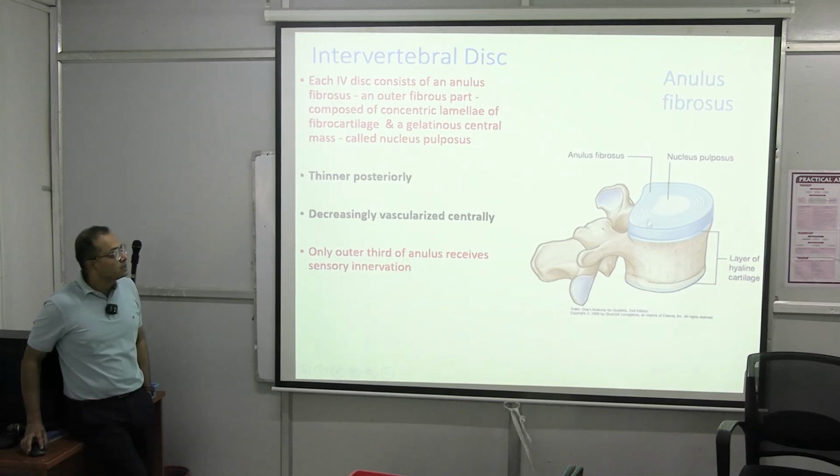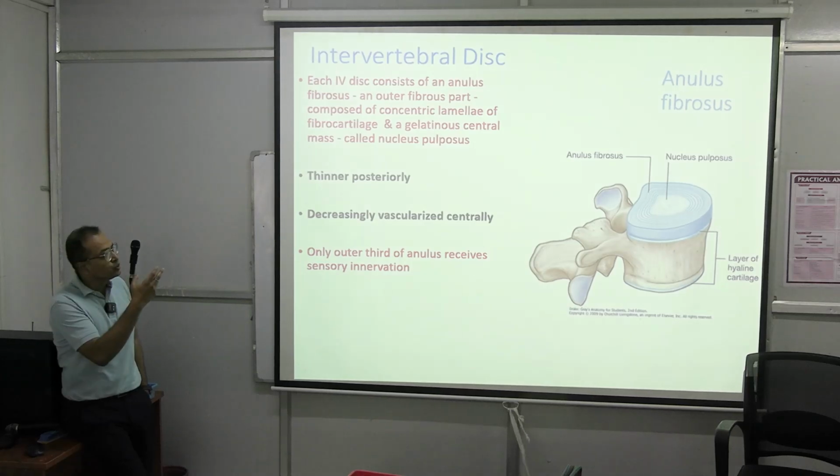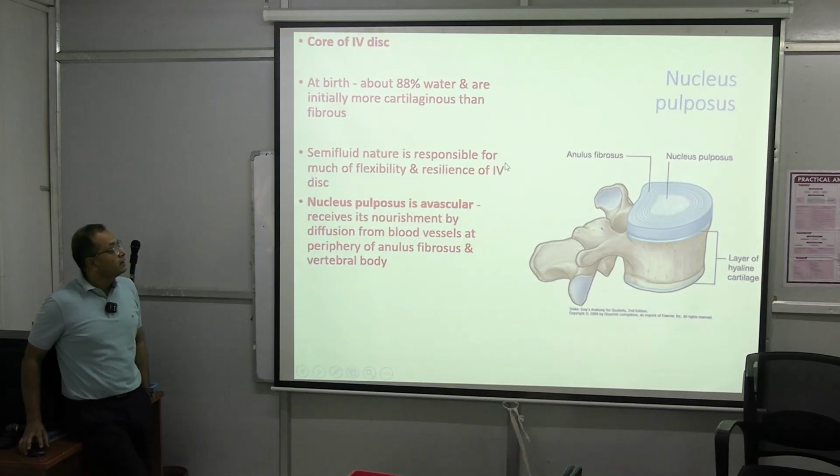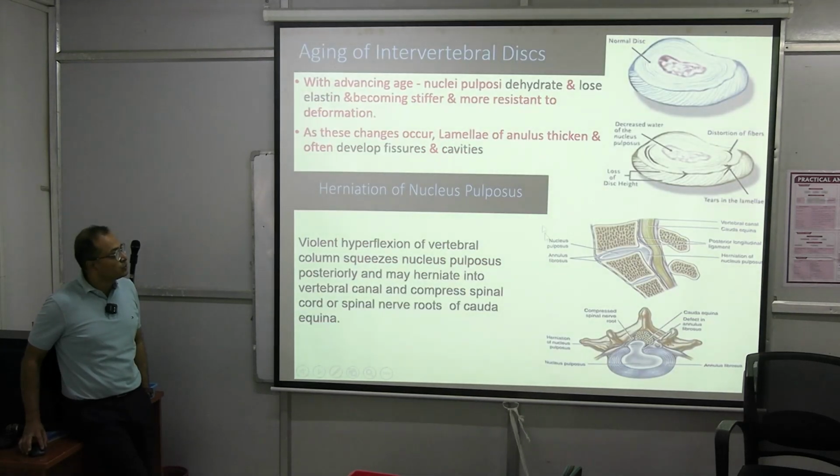If by any chance the central nucleus pulposus breaks through the annulus fibrosus and compresses the nerve, coming through here and compressing the neural content, we call it herniation of nucleus pulposus, also known as disc prolapse.